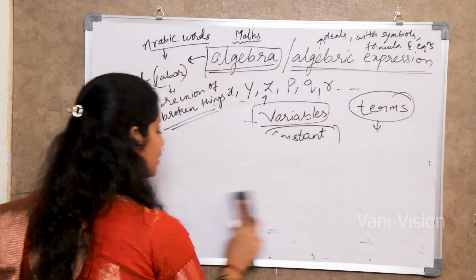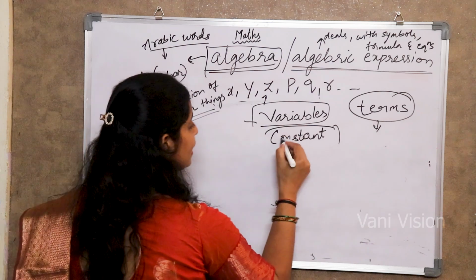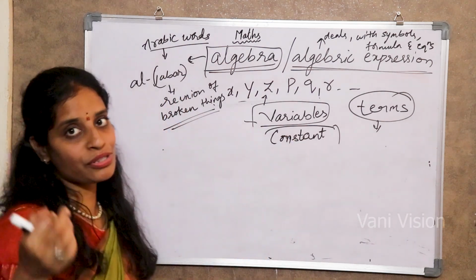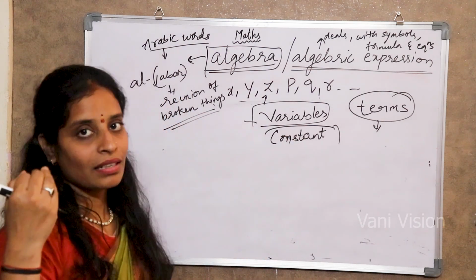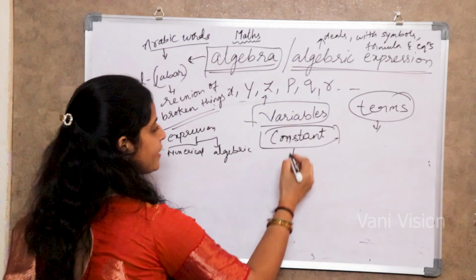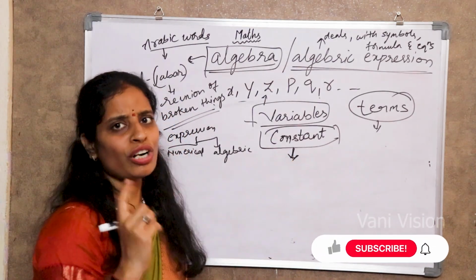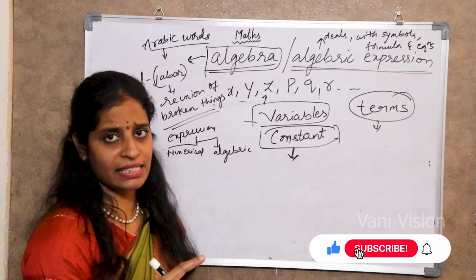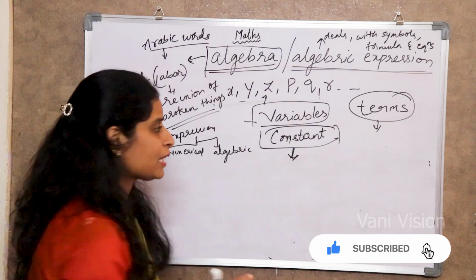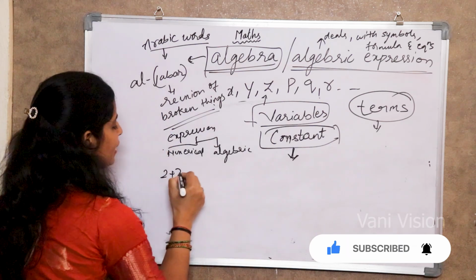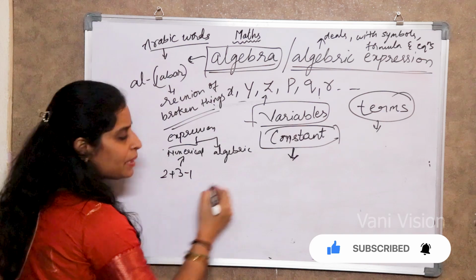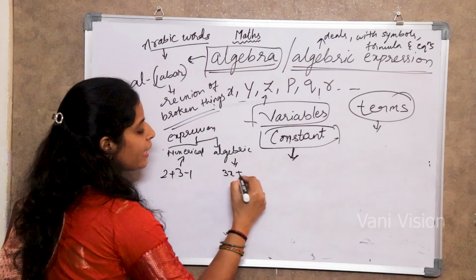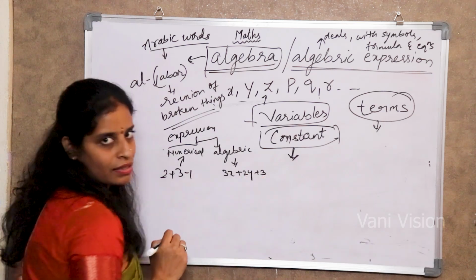Then next, we are clear that expressions are of 2 types, numerical and algebraic, right? Now we will discuss the concept. What was the example I gave before? 2 plus 3 minus 1 was a numerical example, and an algebraic example is 3x minus 2y plus 3.